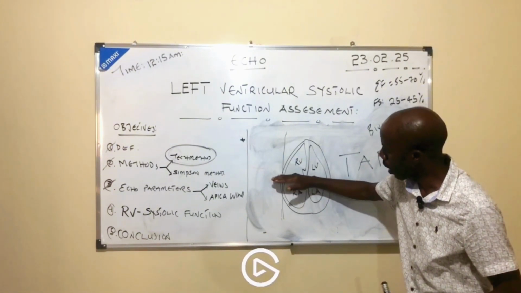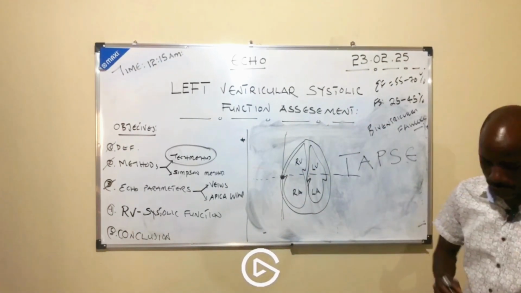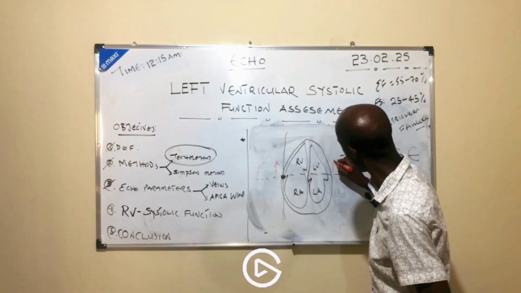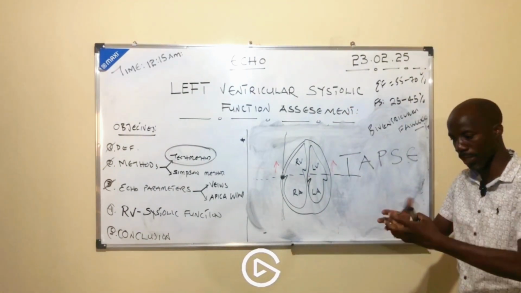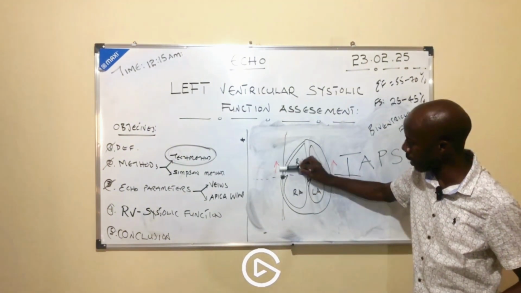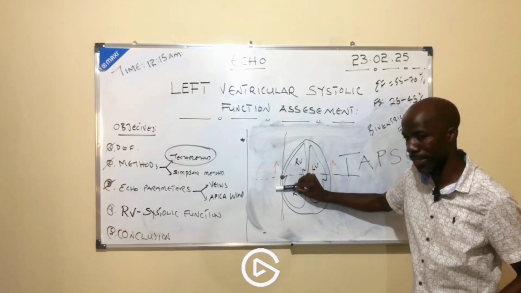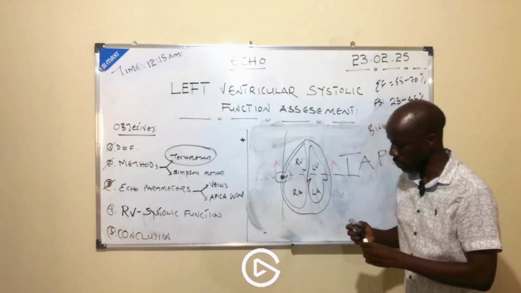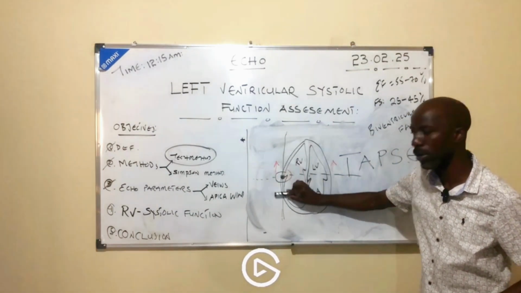Remember, when the ventricles are in systole, when they contract, the annulus goes up. So there is a bit of movement going up and down. During systole, it goes up. During diastole, it comes down. That is the annulus. We are discussing the annular motion.